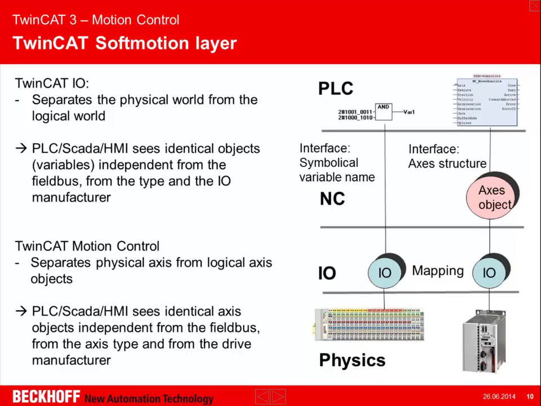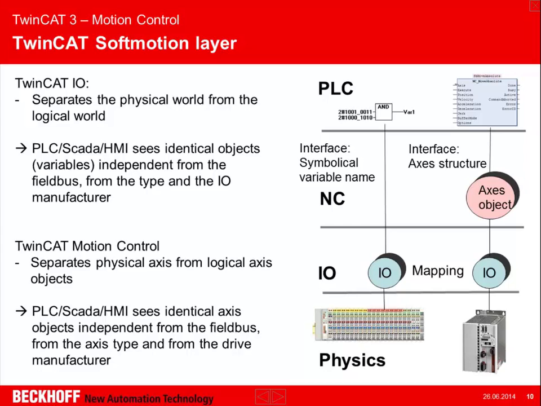We do nearly the same also for motion control. On the PLC side we have the function blocks, which are connected to an axis object running in our NC-PTP driver, which is then connected via I/O mapping to a real physical axis.